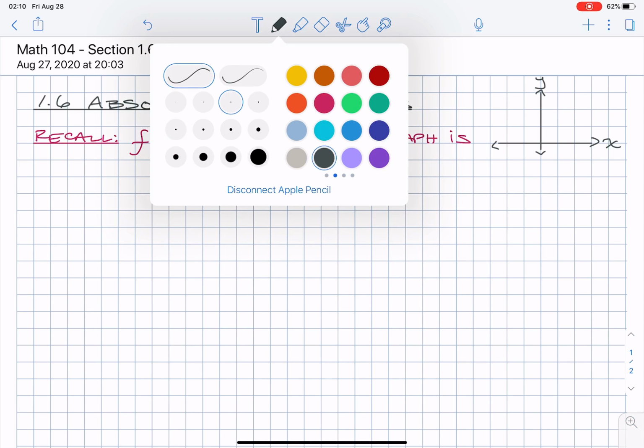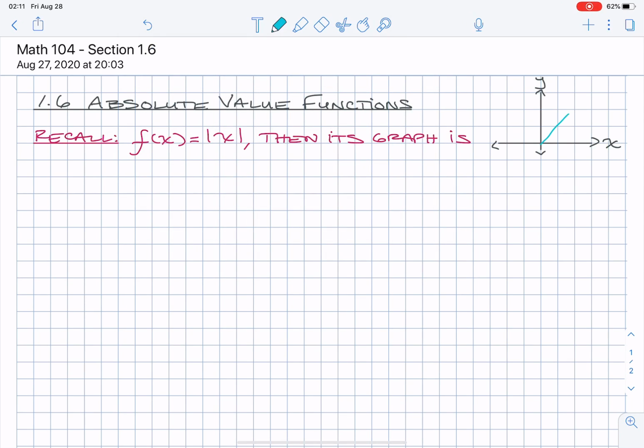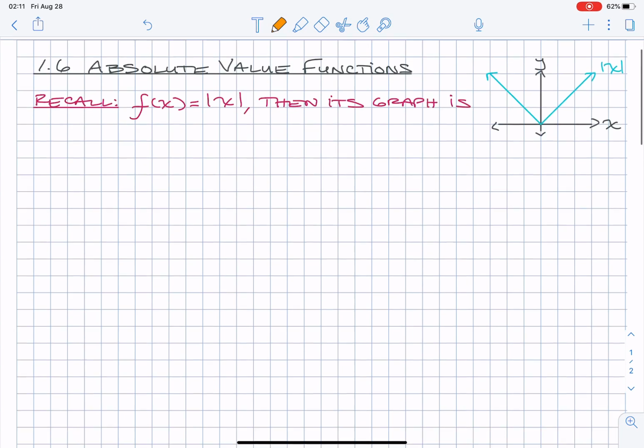So it's going to be a V with a slope of 1 and -1 from the origin. So this is the graph of absolute x. Okay, actually let me move this down a bit. Maybe to there. Okay, so given that, let's consider that graph.